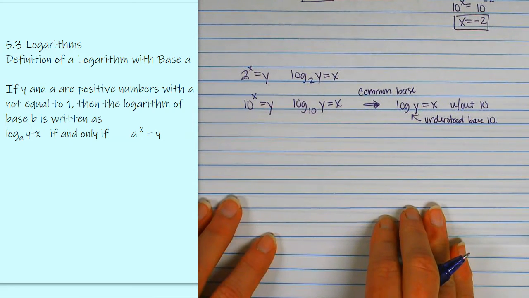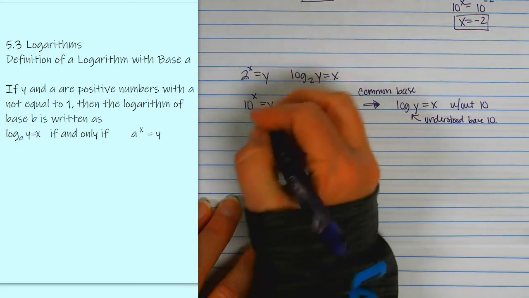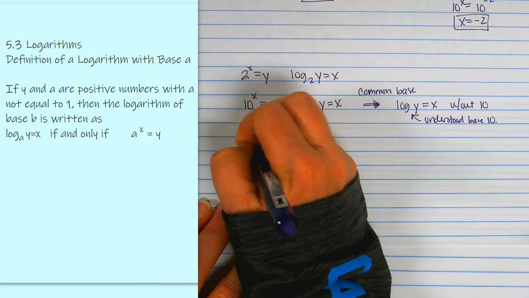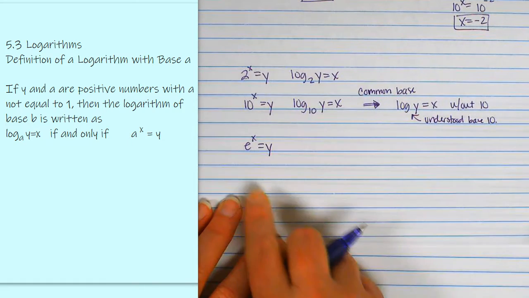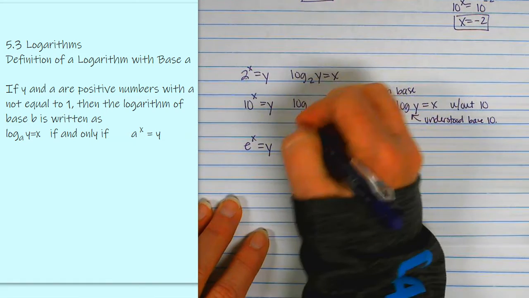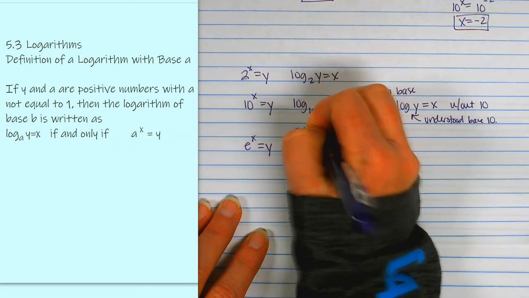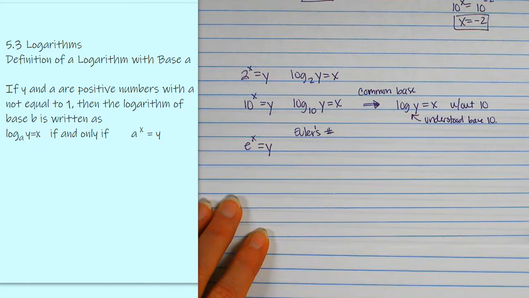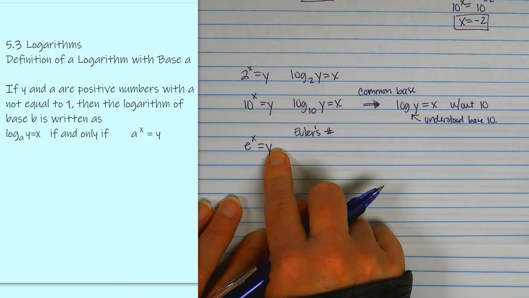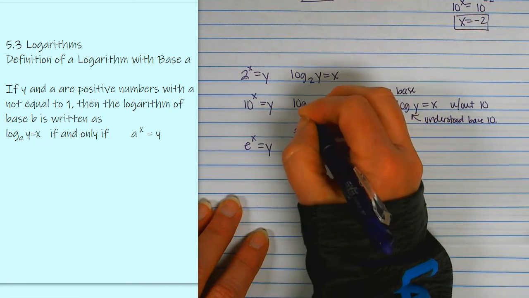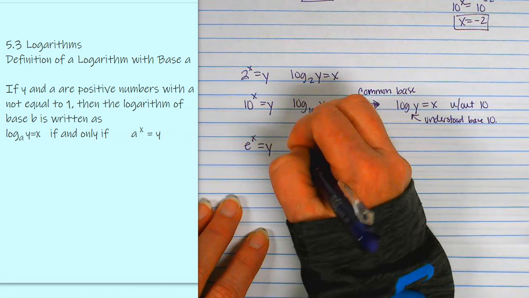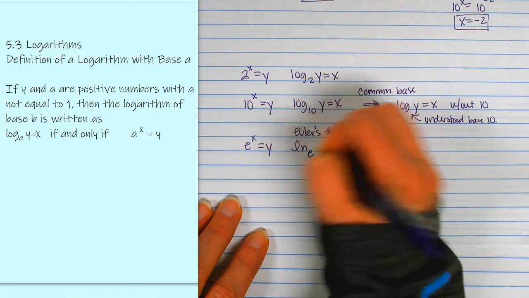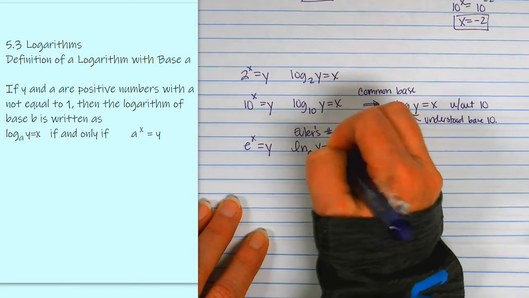The other common base is base e. So we did functions that look like e to the x equals y. We talked about e being Euler's number. It is very useful for dealing with population growth, and so its inverse is also very important. So e to the x equals y also has a common base, but it's not log without anything. It is the natural log, base e, of y equals x.